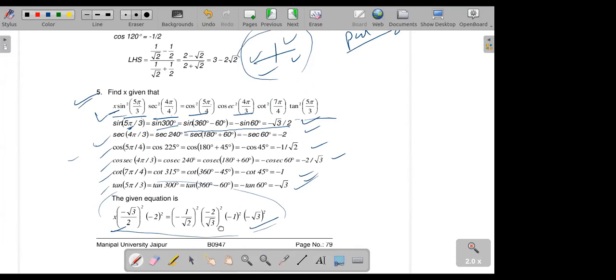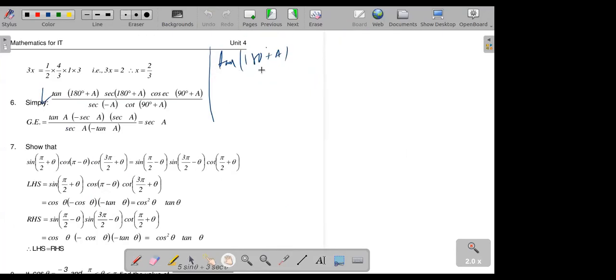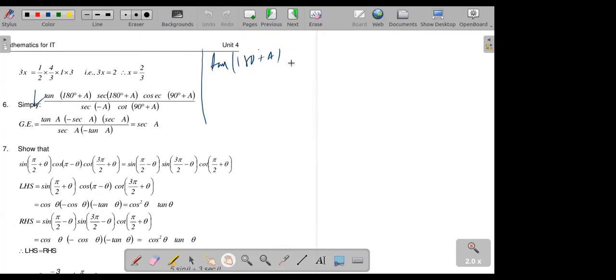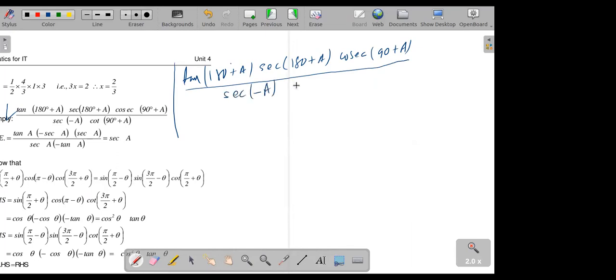Okay. So this one says tan(180 plus a) multiplied by sec(180 plus a) cosec(90 plus a), and whole divided by sec(minus a) cot(90 plus a).